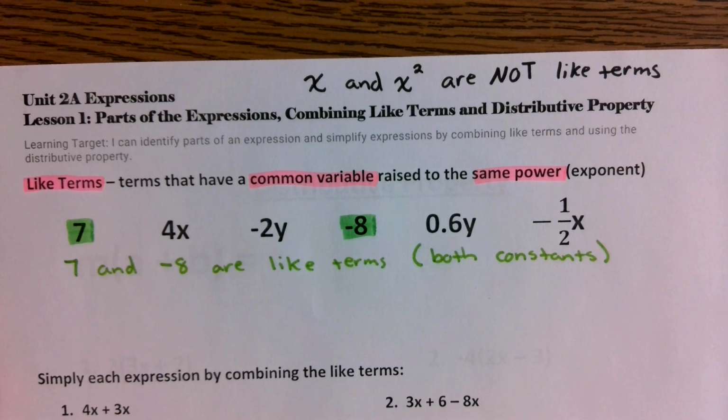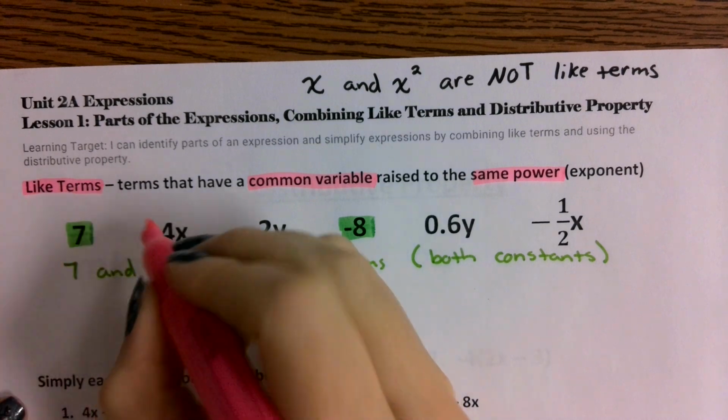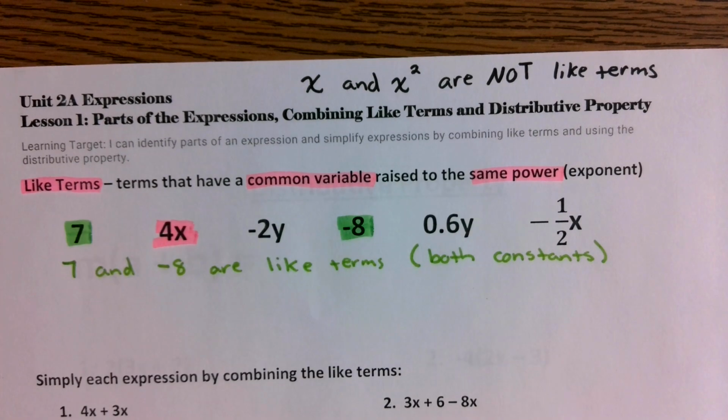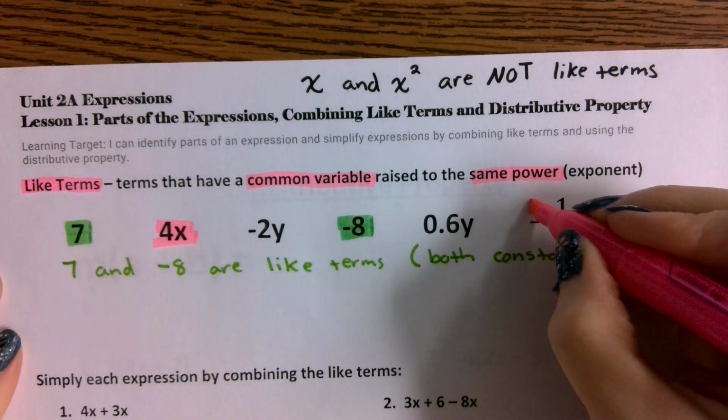Okay, let's go on to another term. Let's talk about 4x. 4x has a like term with what? Kai? Negative 1/2 x.